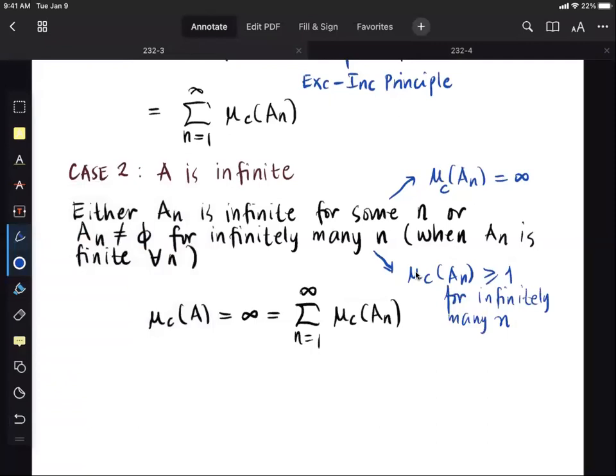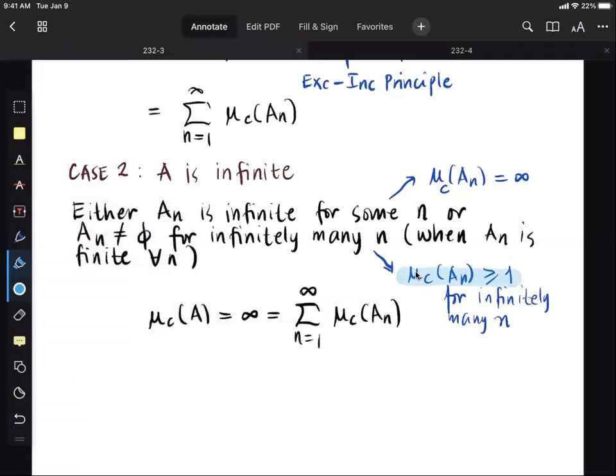So in that case, this series would diverge. Therefore, the series would be equal to infinity. In the worst case scenario, this counting measure here is equal to 1, meaning the A sub n's are singletons.